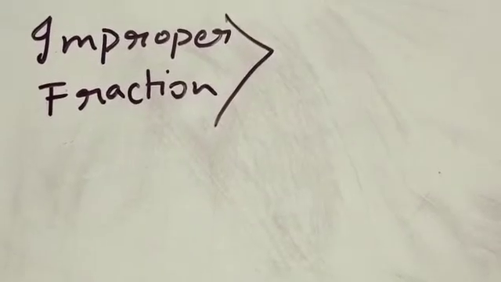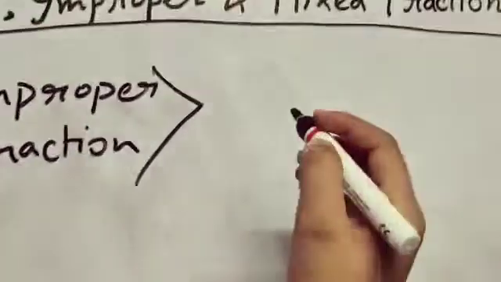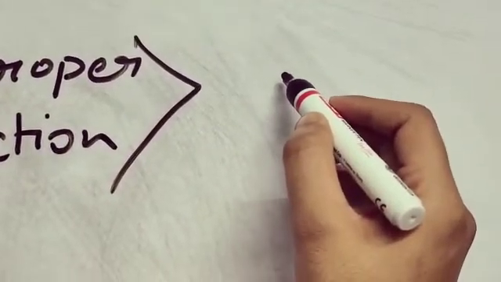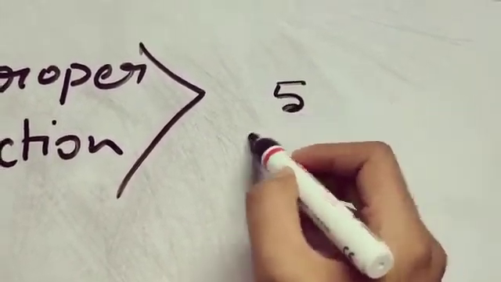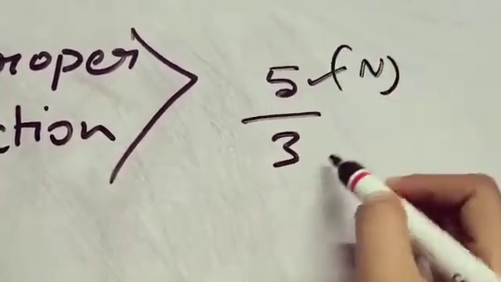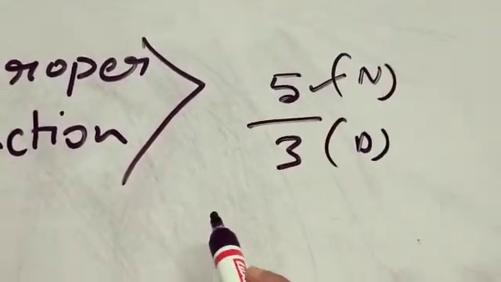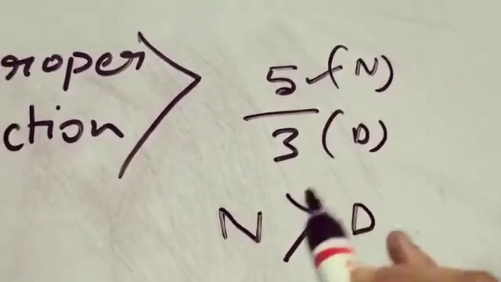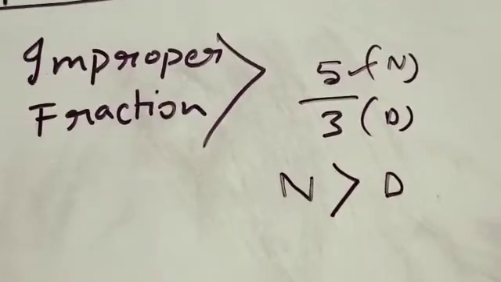Now what is an improper fraction? An improper fraction is that one where, I am giving you an example first. 5 by 3. You can see 5 is the numerator and 3 is the denominator, right? So where numerator will be larger than the denominator, these type of fractions will be called as improper fractions.